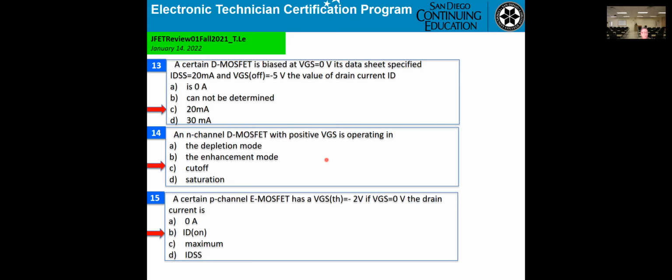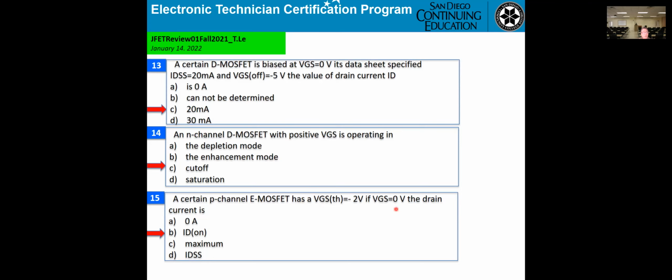The thing is, the D MOSFET will be working with the negative VGS off, okay? 15, a certain P channel E MOSFET has a VGS threshold equal minus 2 volt.